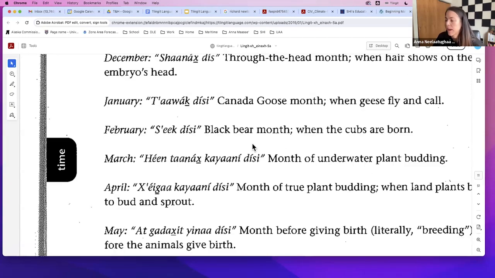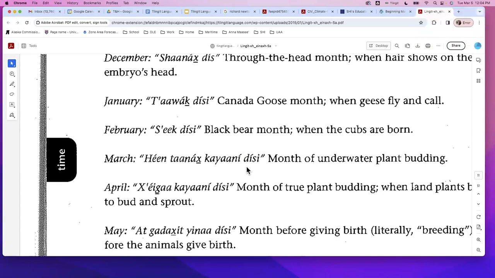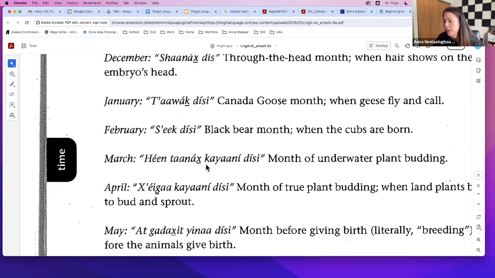And the first word we'll practice is for month or moon, and when it's connected to its name, it sounds like this. Repeat after me. Disi. Disi. Disi. And then this word is plants.